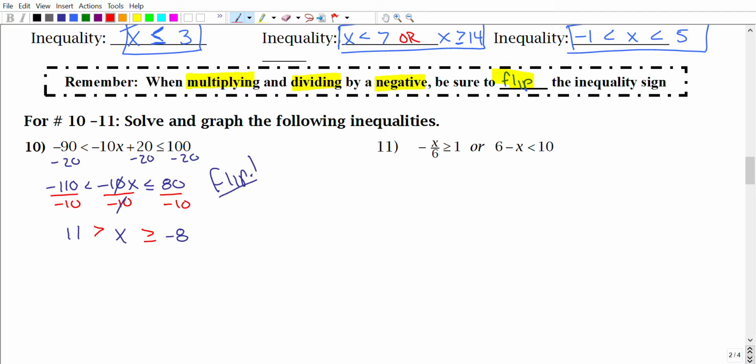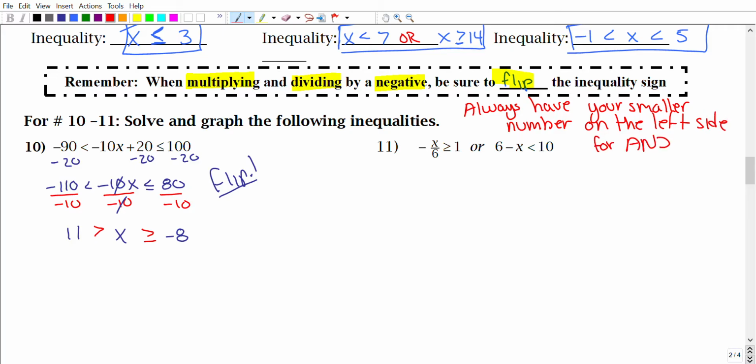Now, another thing that you always have to remember, and maybe add it to your reminder, always have your smaller number on the left side for the and inequalities.